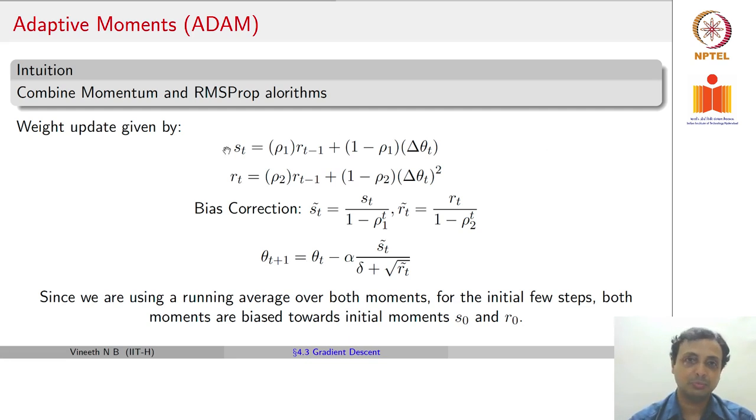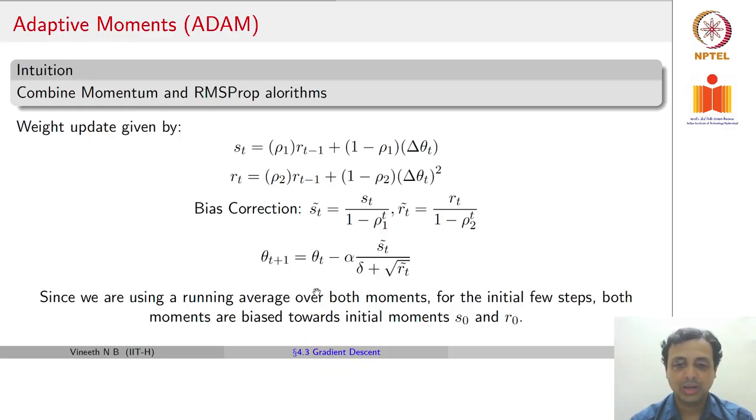While Adagrad and RMS prop accumulate the squared gradients, Adam accumulates both the gradient and the squared gradients. ST accumulates the gradient, RT accumulates the squared gradient just like RMS prop.